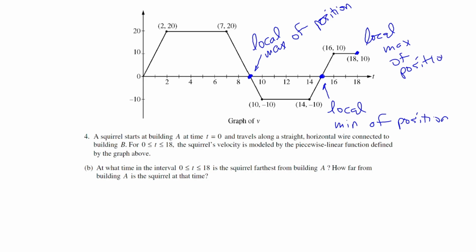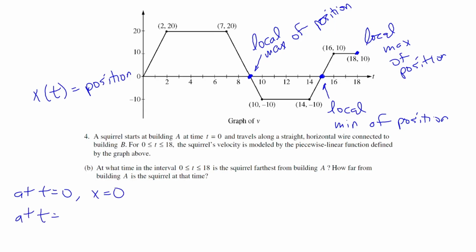And so we really just need to find these areas to figure out when it's furthest away. So we know that at t equals 0, the position is 0. And we'll call x of t the position. So we'll say x equals 0.